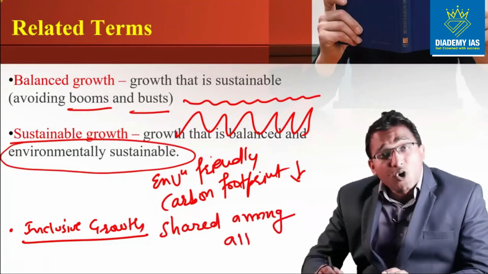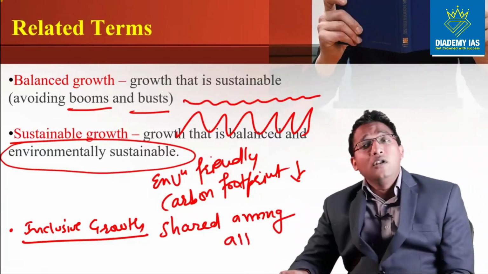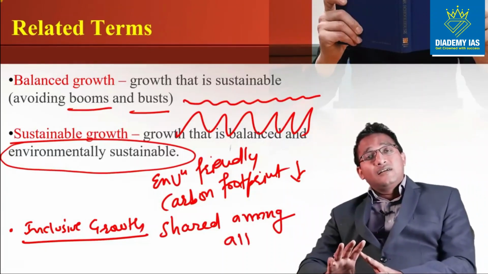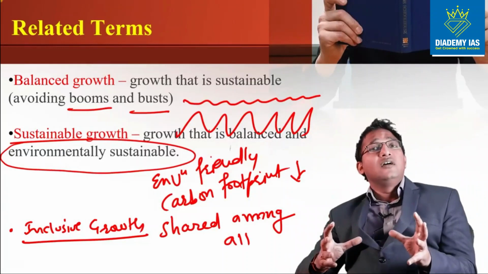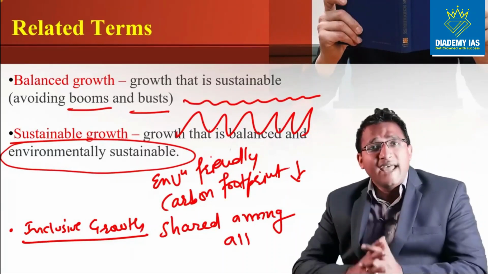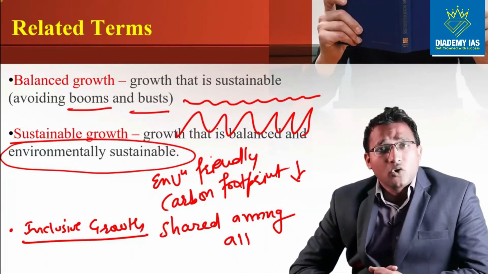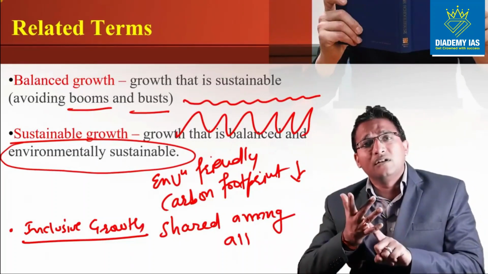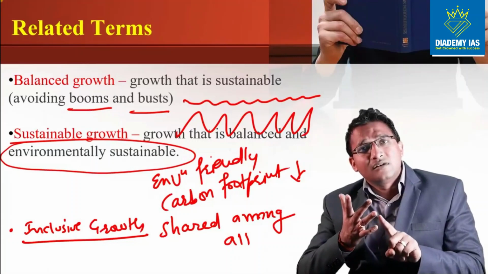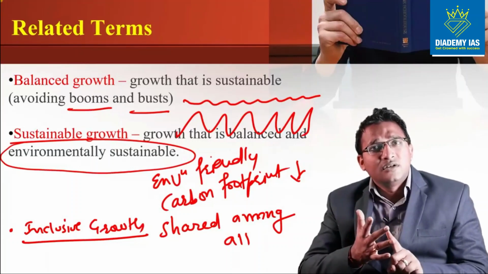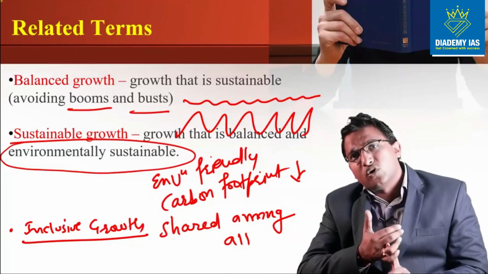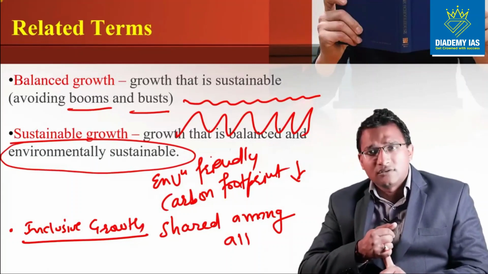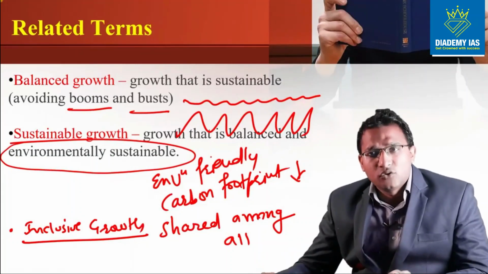When the output of the economic growth is shared among all equally, there is fair distribution of the economic growth outcome, then this is called inclusive growth. So this includes everyone. This includes the poor people, the women, the minorities, the people who are excluded because of the caste, and so on.